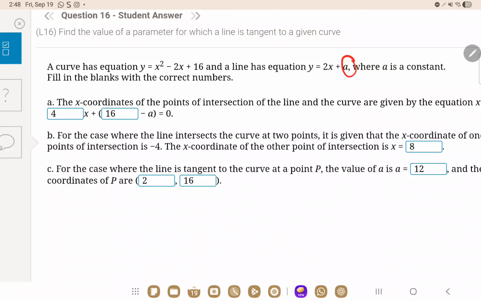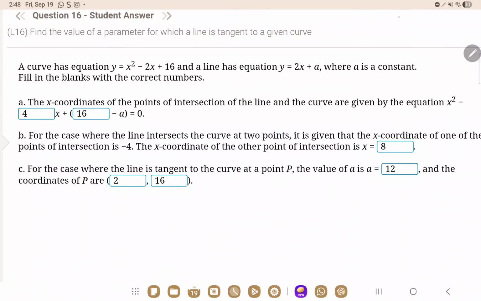The x coordinates of the points of intersection of this line and curve are given by the equation. Here it says x squared, by the way, if you can't see. Let me move the screen. Now, they want the equation of the intersection of these two.